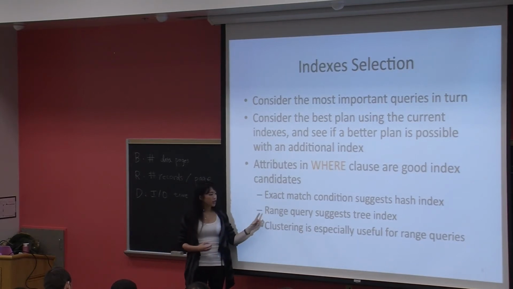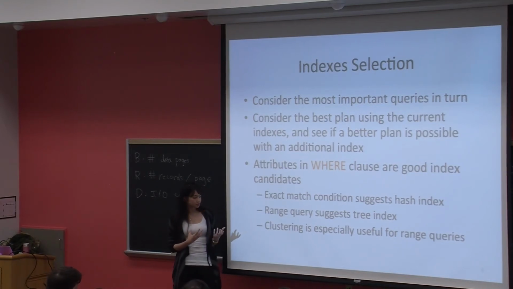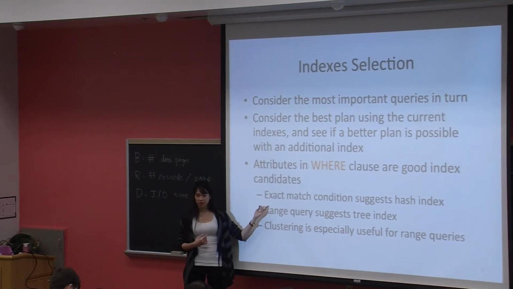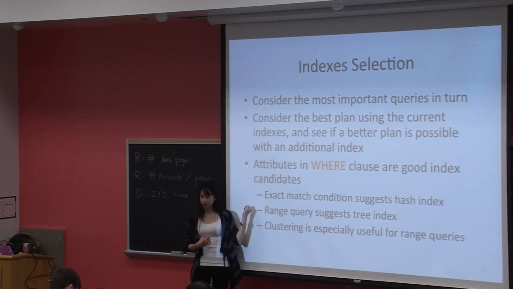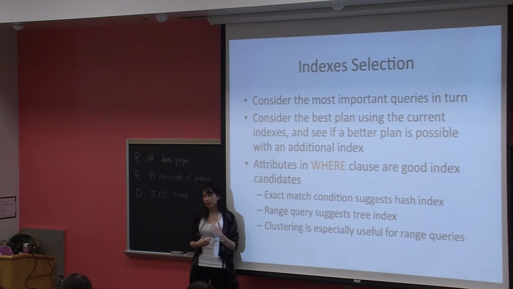However, if today you are having lots of range queries, for example, in your where clause you're always saying salary between 3,000 and 5,000, just keep using this example. If the range query is used a lot, then instead of using hash index, we say tree index might be better, just like the clustered tree we were using before. Okay? Why not hashing? Because hash functions a lot of times do not guarantee the relativeness between the values, right? You hash it and then it completely changes the bucket.